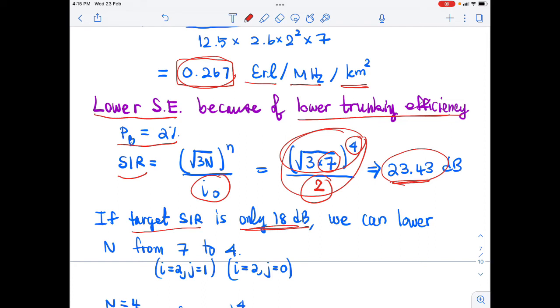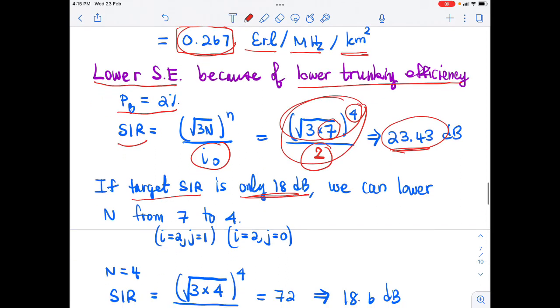We only need 18 dB. So maybe we want to lower this and make it just above 18 dB, and maybe we can increase spectral efficiency.